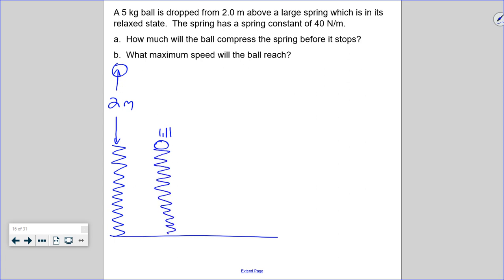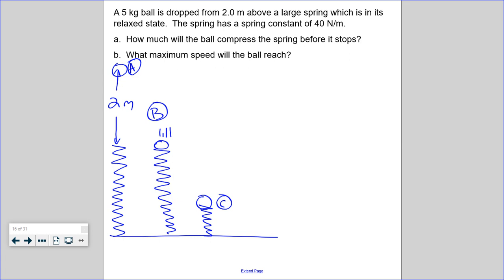We'll call this point A. We'll call this point B. And then the ball's moving. It's going to squish the spring until eventually the ball will stop at what we will call point C.